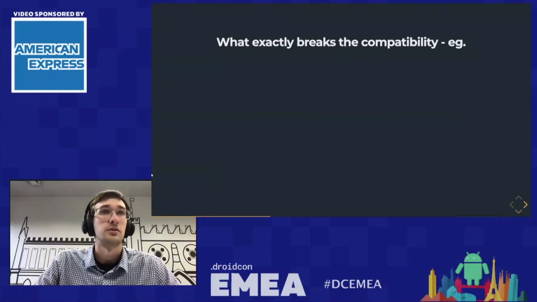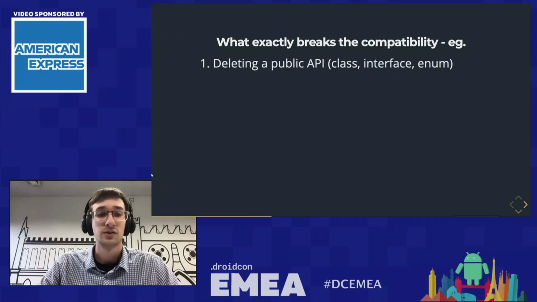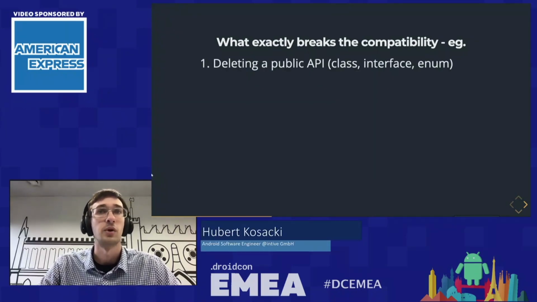What exactly breaks the binary compatibility? Let's have a look at the short list of the most common operations that will break this binary compatibility. So the first thing is deleting a public API.